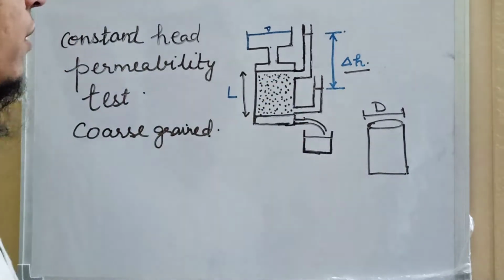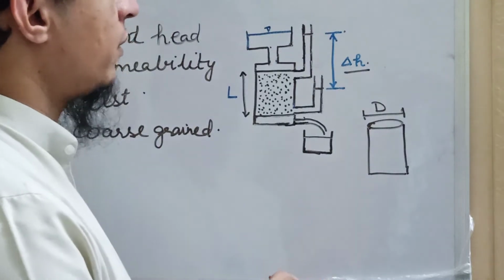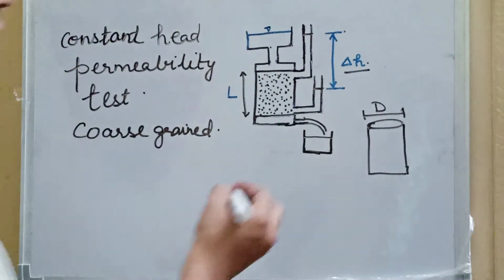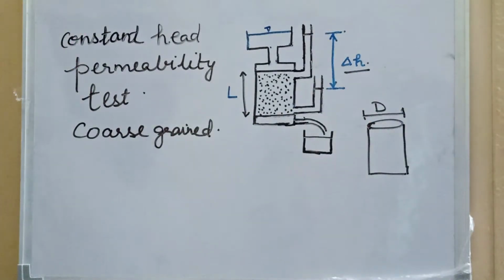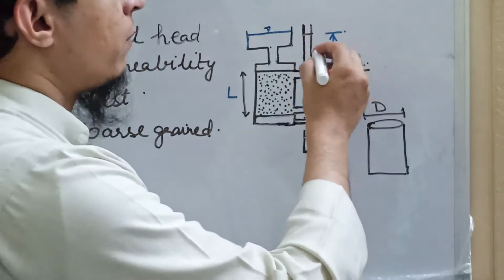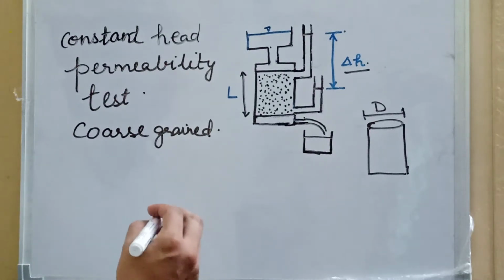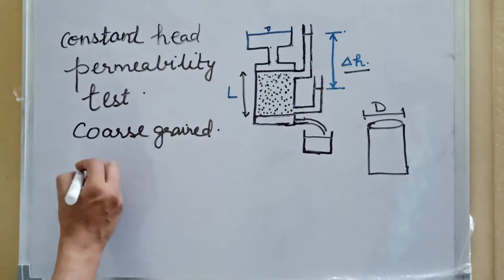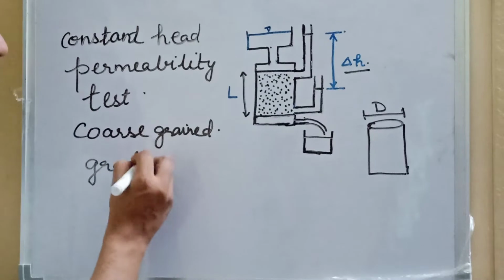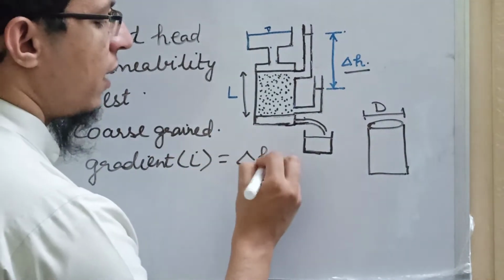To overcome this resistance, it will expend some energy, and this expenditure of energy will be seen in the form of drop of head, that is delta H. We can measure this head delta H as the difference between the two piezometric heads. Now this delta H divided by the length of soil sample is known as the gradient and represented by I, which is delta H upon L.